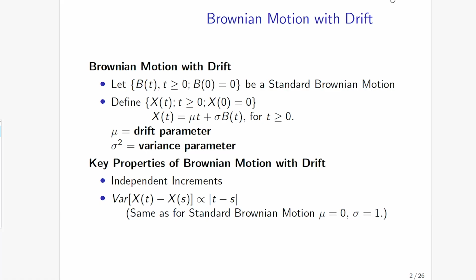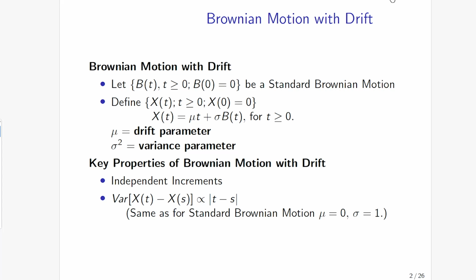squared. And the key property of Brownian motion includes independent increments and the variation of increments of the process being proportional to the length of the increment.